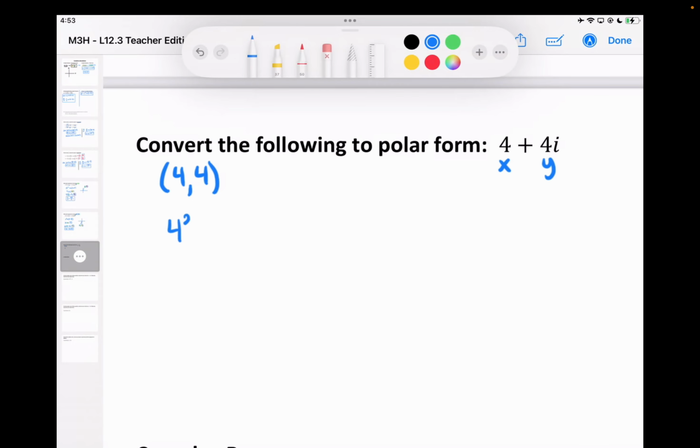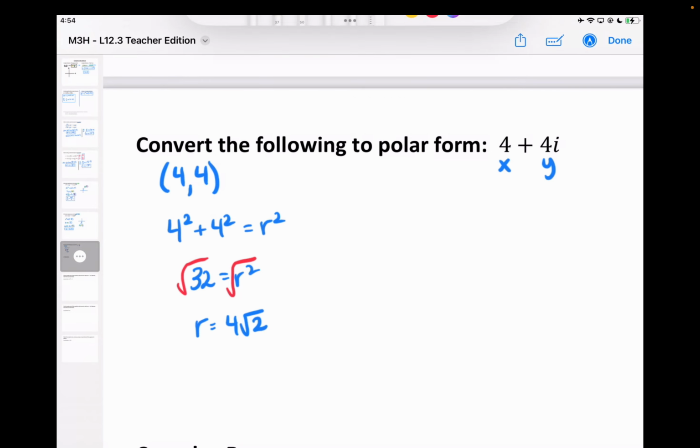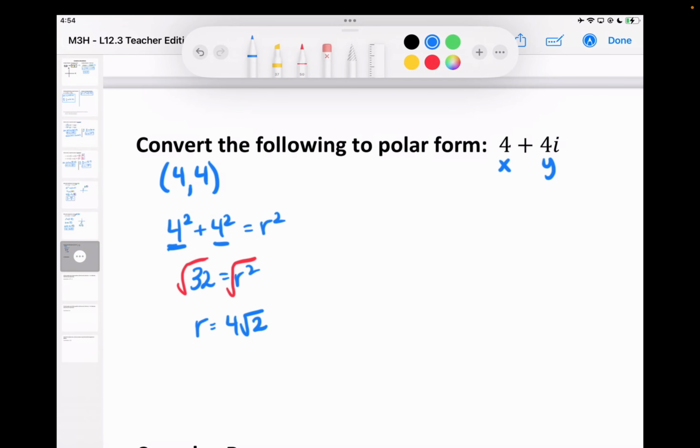So we've got 4 squared plus 4 squared, because remember x squared plus y squared is equal to our radius squared. So 16 plus 16 is 32. So let's write that. 32 is equal to r squared. I'm going to take the square root, and you get that r is 4 square root of 2, which is our answer in the end.